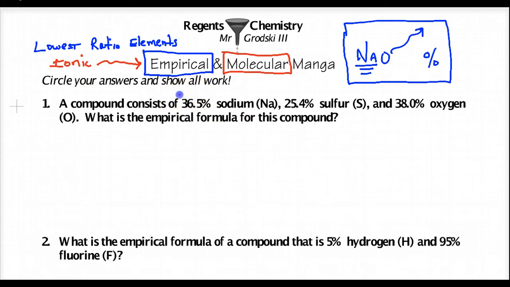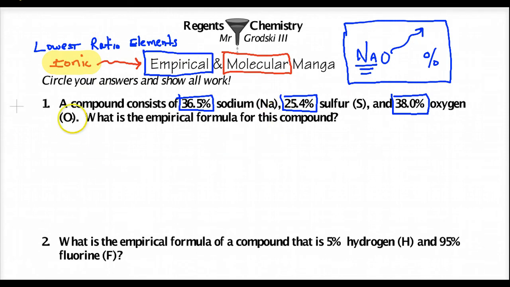We can only build lowest ratio formulas from these percentages. Again, percentage is not built on exactly how many, it's part of a total. So I'll never know what the molecular formula is of a compound just by this procedure. Just build the lowest ratio. However, if it's ionic, it'll build a formula exactly. So let's just get started.